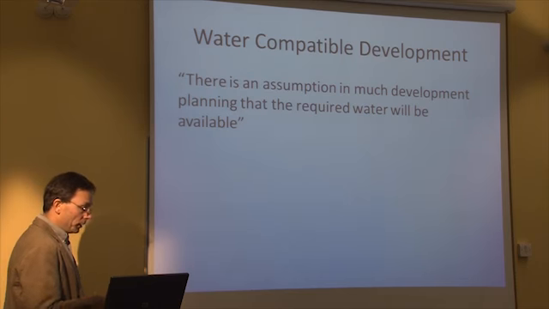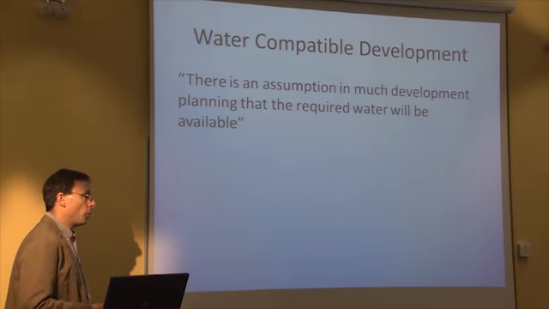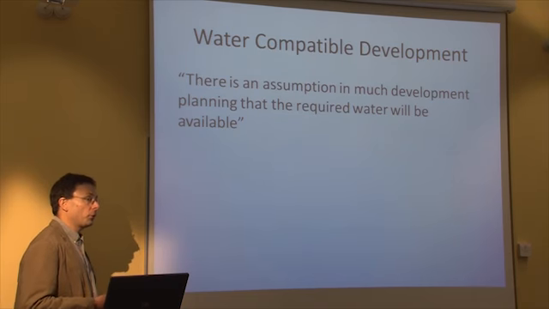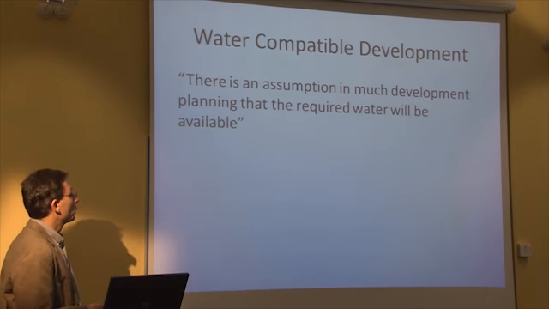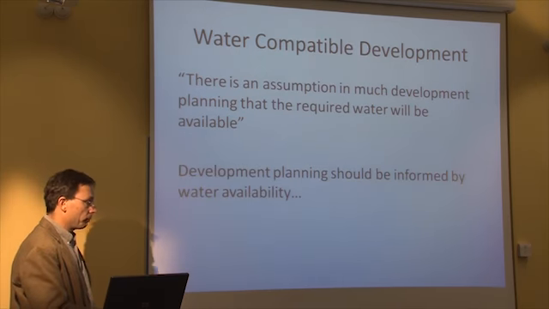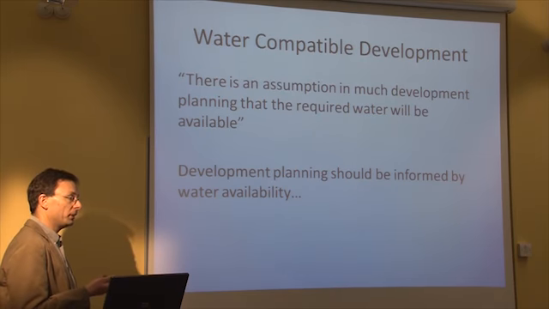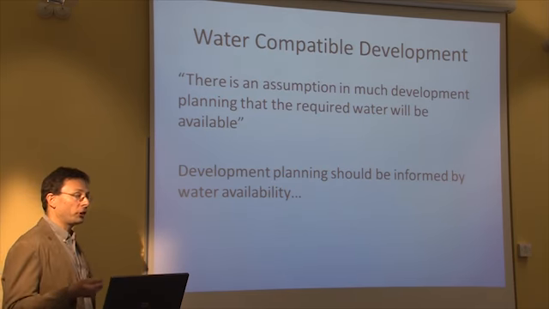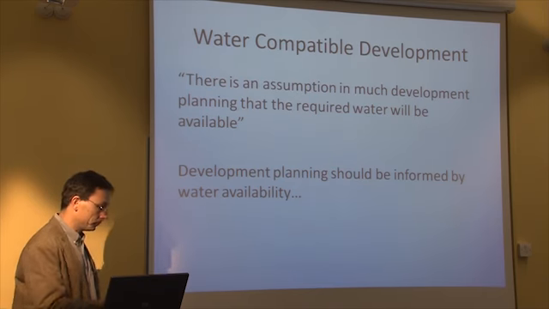And so what we need to be doing in terms of how we deal with the needs of a growing population, and that essentially means development in the broader sense of the word, is that development planning should be informed by water availability, not that we should be expecting water availability to follow development planning.